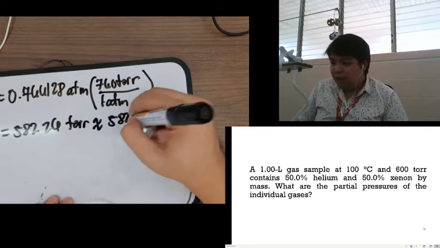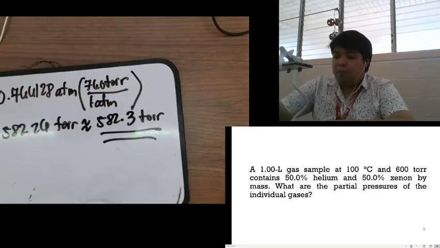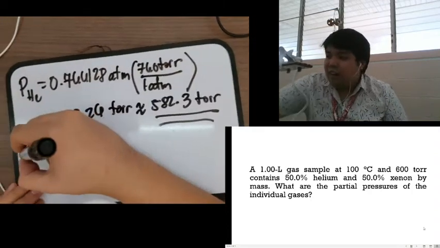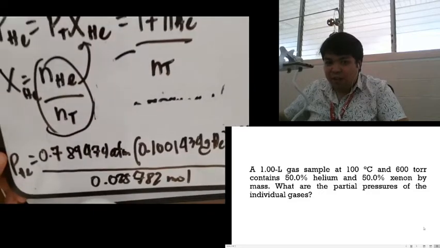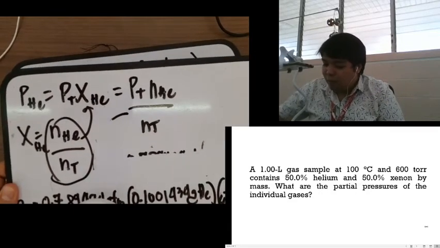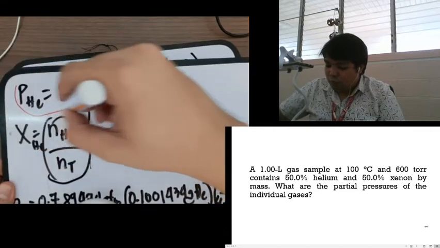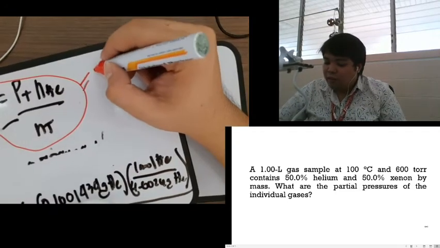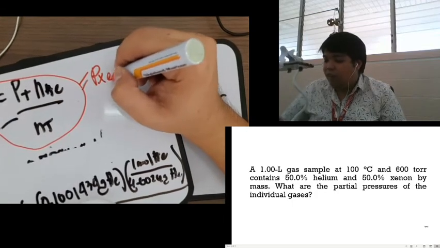That is your helium. Now, for xenon, since our previous relation is this one, then this is also applicable to getting the partial pressure of xenon.